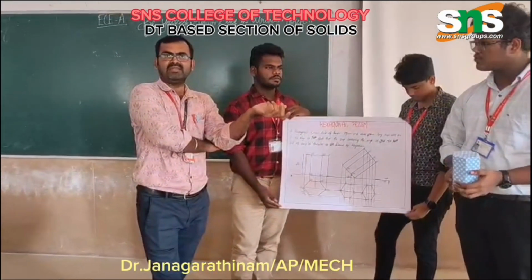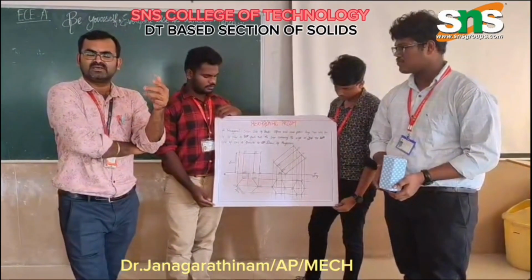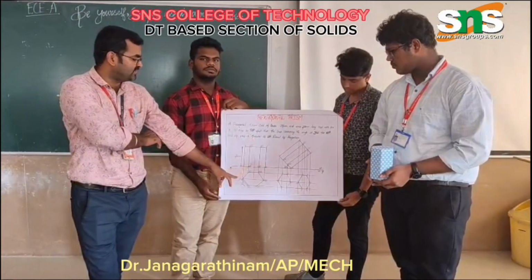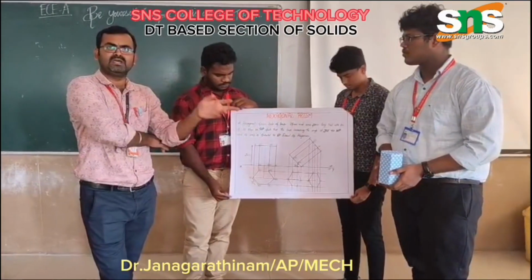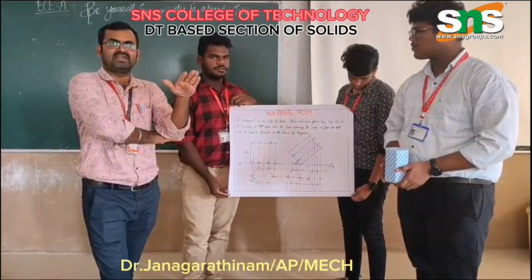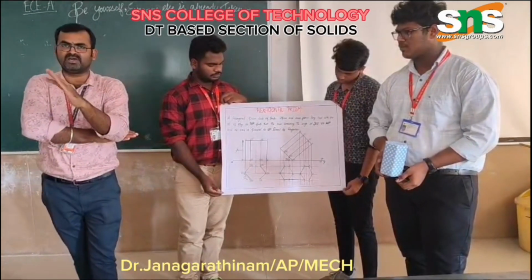Only the candidate can explain how we are projecting the projections of solids, which means from the top view we have to see the hexagonal face. From the front view we are seeing the rectangular face. Then after that they tell the angle of inclination of the rectangular face, which will be 30 degree inclined to the HP, the horizontal plane.